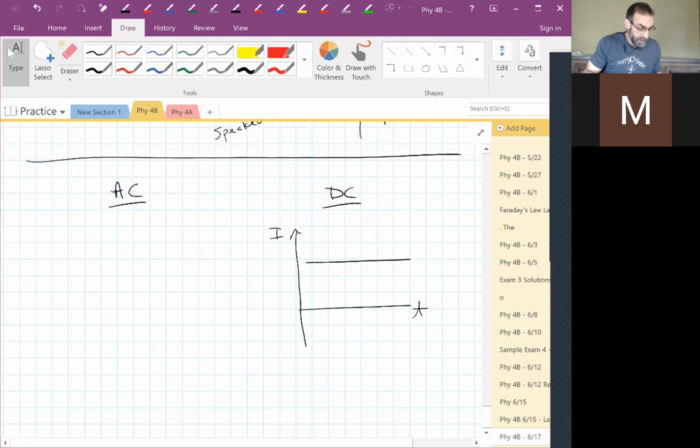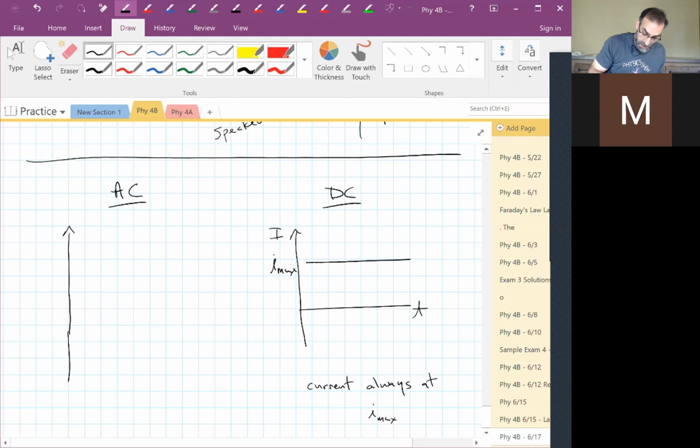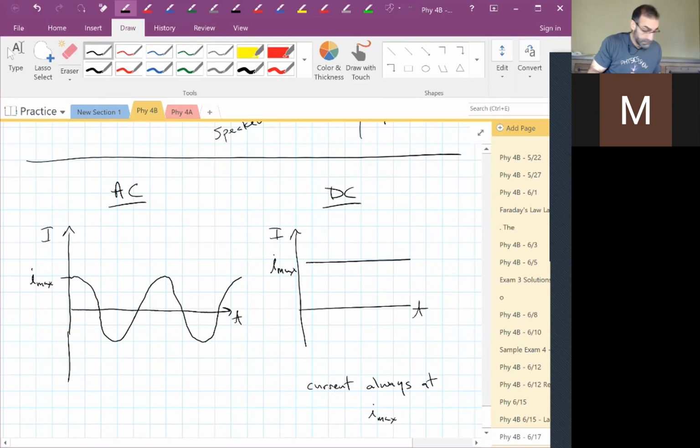The current stays at one value. We could call that I max. But in an AC circuit, that doesn't happen, right? In an AC circuit, it oscillates. Something like that, right? And where this is I max.